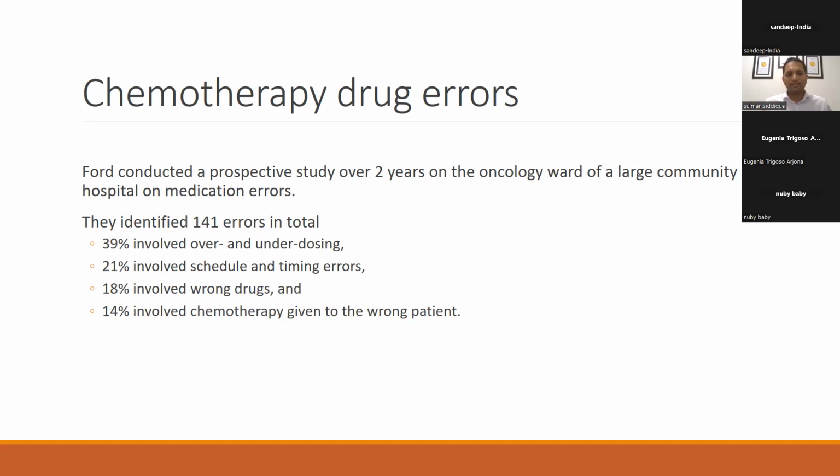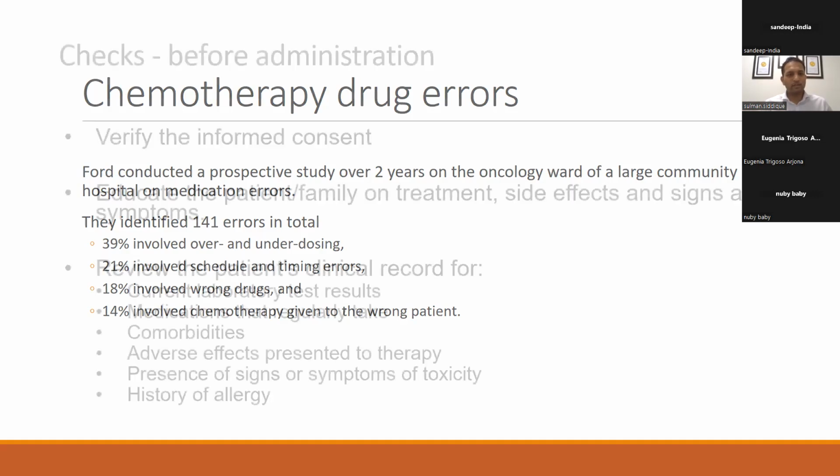We know the toxic effects that chemotherapy drugs can have, and more importantly, the patient outcomes are very much dependent on chemotherapy drugs being given as per protocol. That is something I wanted to bring to your attention.